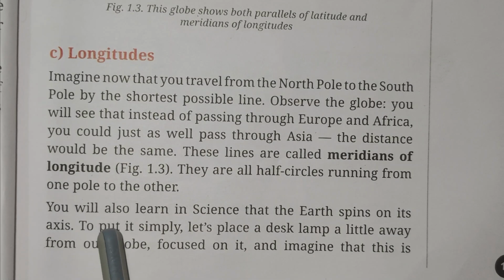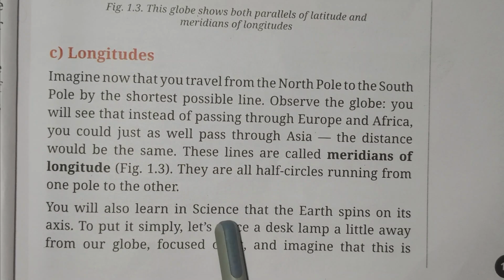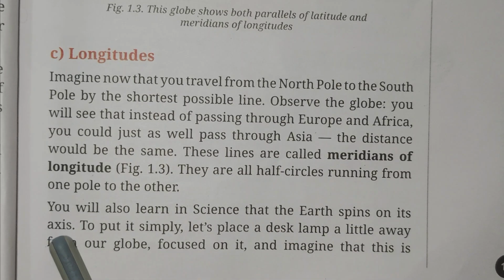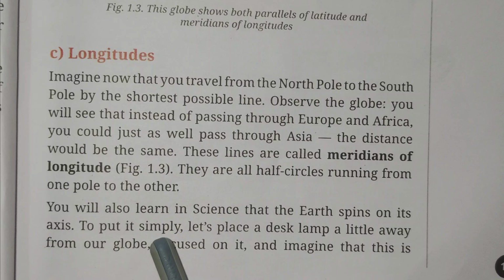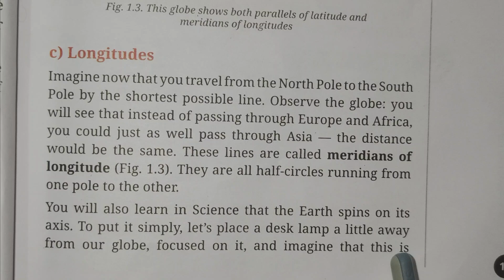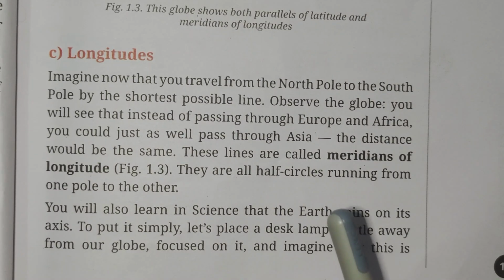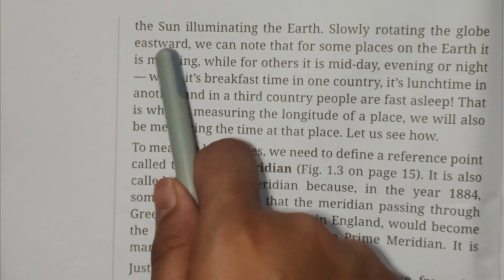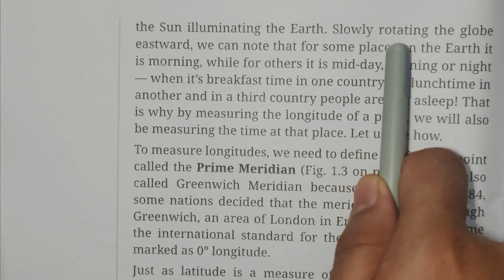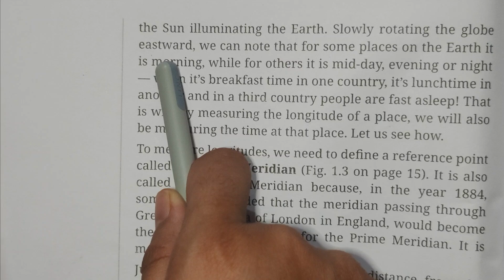You will also learn in science that the earth spins on its axis. To put it simply, let's place a desk lamp a little away from our globe, focused on it, and imagine that this is the sun illuminating the earth, slowly rotating the globe eastward.